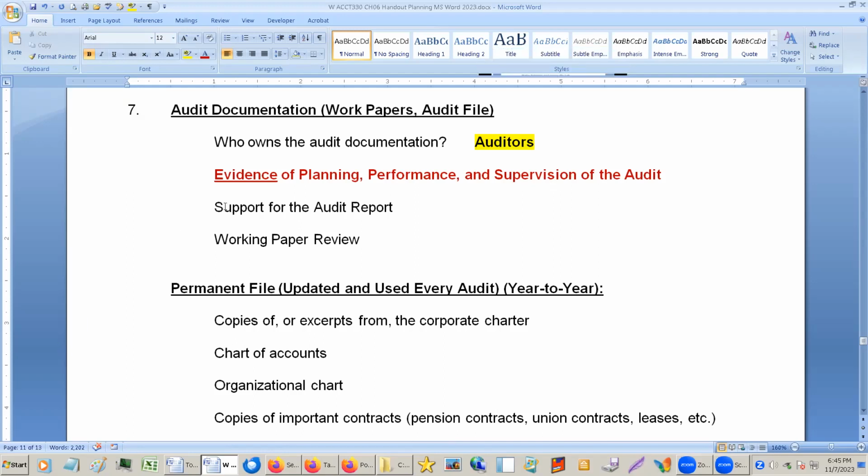The work papers are used to support the audit report and the opinion. So evidence to support the audit report, whatever opinion you came up with. If you're dragged into court, you say, okay, well, here's how we came up with this opinion, here's the evidence to support it.